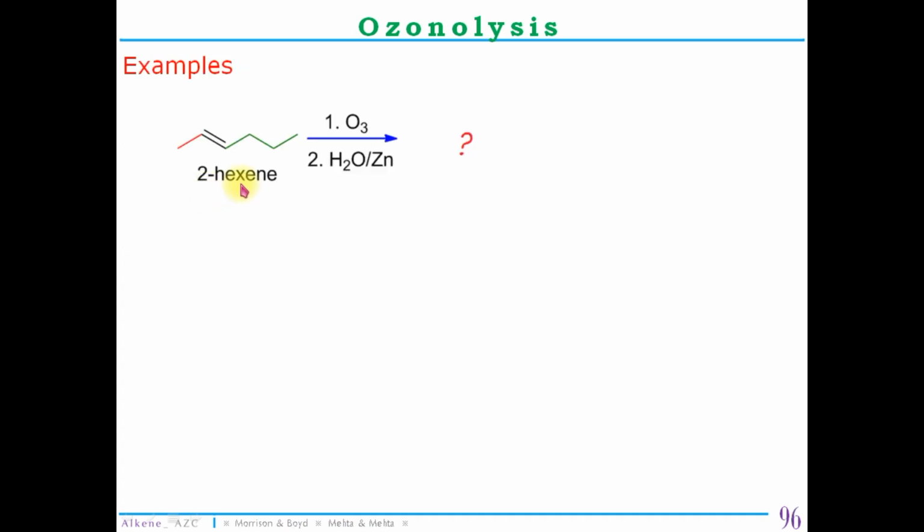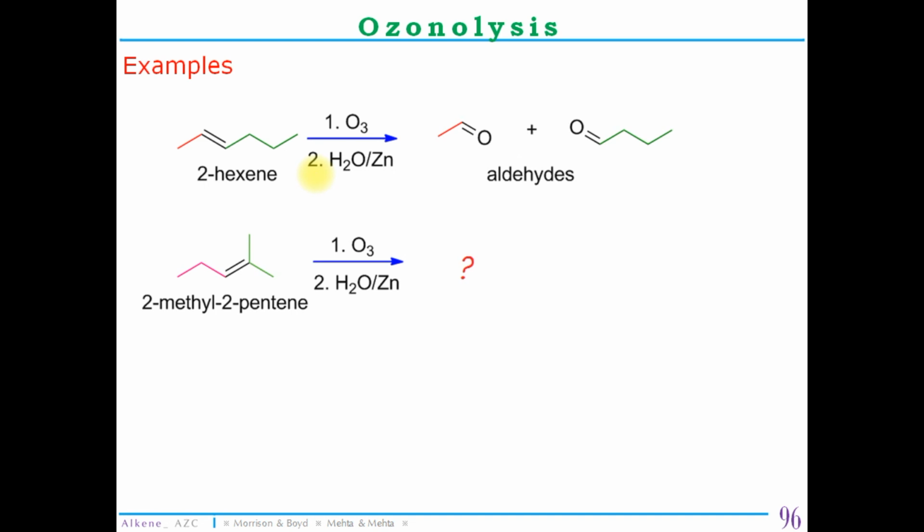What will be the product where 2-hexene is reacted with ozone and then water and zinc? In the alkene we have two alkyl groups. Here is a red one and here is a blue one. So upon ozonolysis, breaking of this double bond and incorporation of oxygen over here, we get two types of aldehydes.